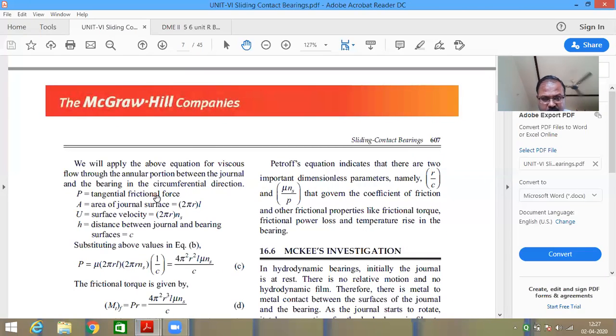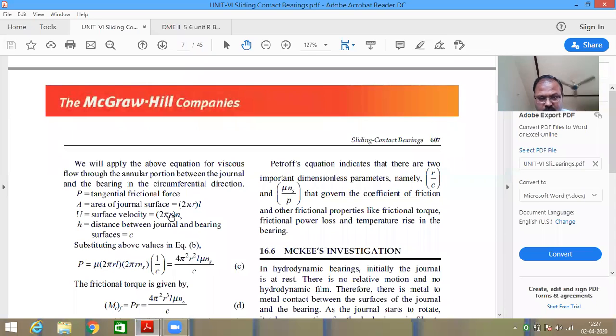P is the tangential frictional force. A is the area of the journal surface, 2 pi r L. Circumference into length is the circumferential area because we are talking about the circumferential direction.